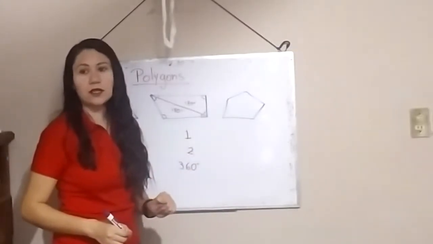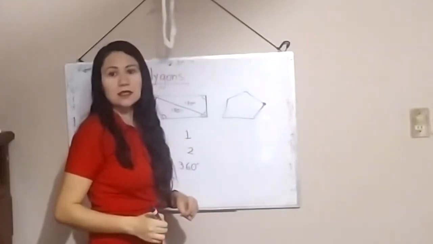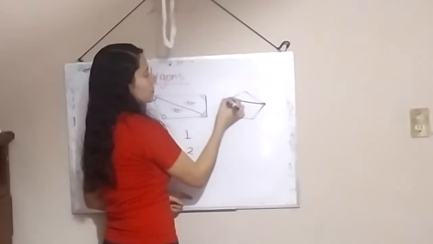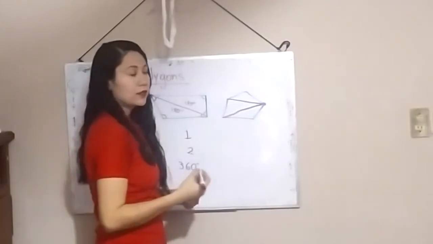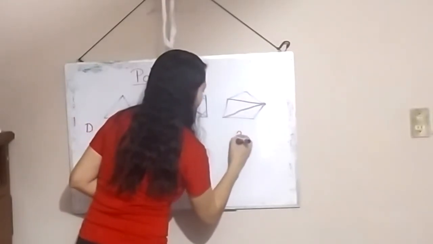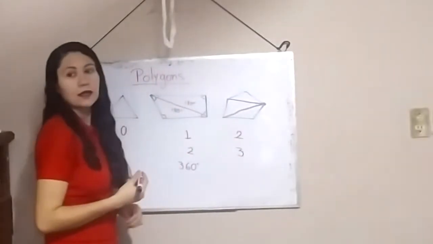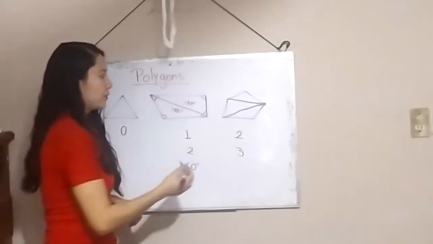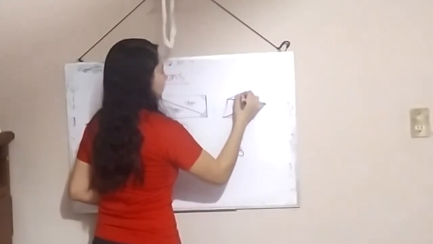Let's do the same for the pentagon. Let's take this vertex as our reference. It is already joined with this vertex. We are going to join it with this one and this other. Okay, now we have 2 diagonals forming 3 triangles, and each triangle has a total angle measure of 180. 180, 180, 180.